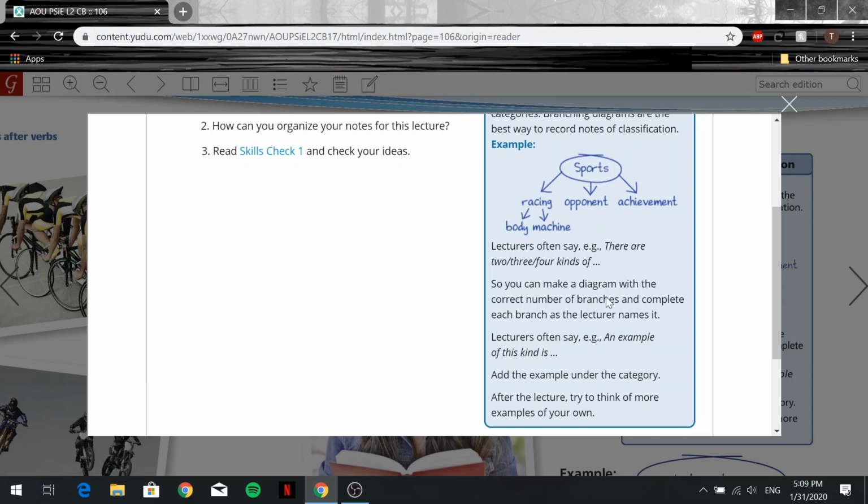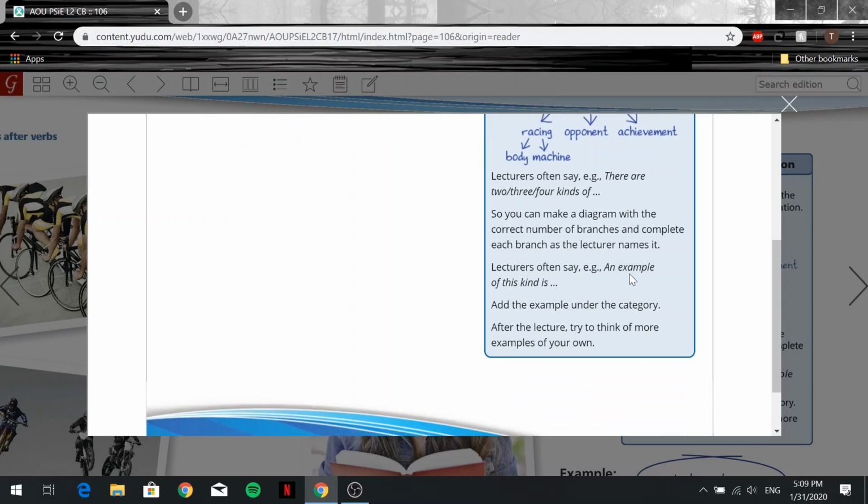So you make the diagram with the correct number of branches and complete each branch as the lecturer goes on. Okay? Also, you have to keep an eye out for examples. Okay, so whenever you hear an example, write it down, and later, after you're done with the lecture, try maybe Google and find more examples.